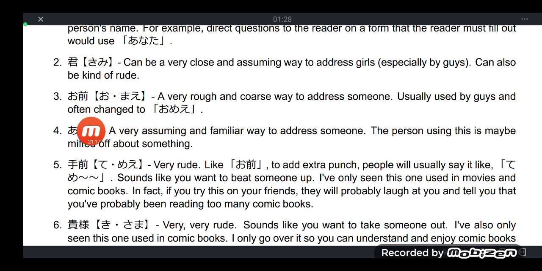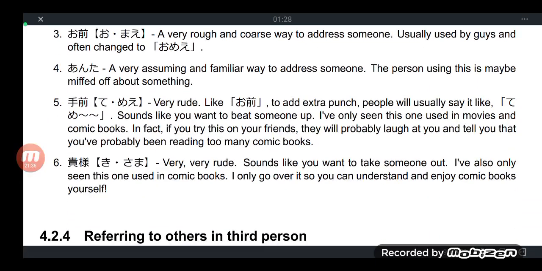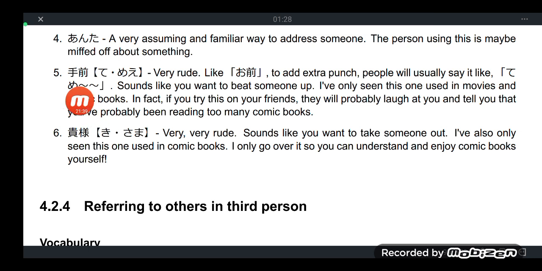Okay, so this is a very colloquial and coarse way to address someone. Anta is a very assuming and rather colloquial, casual form of saying the pronoun you, and it's only spoken by females. How about this? A very rude way of saying the pronoun you. Teme.